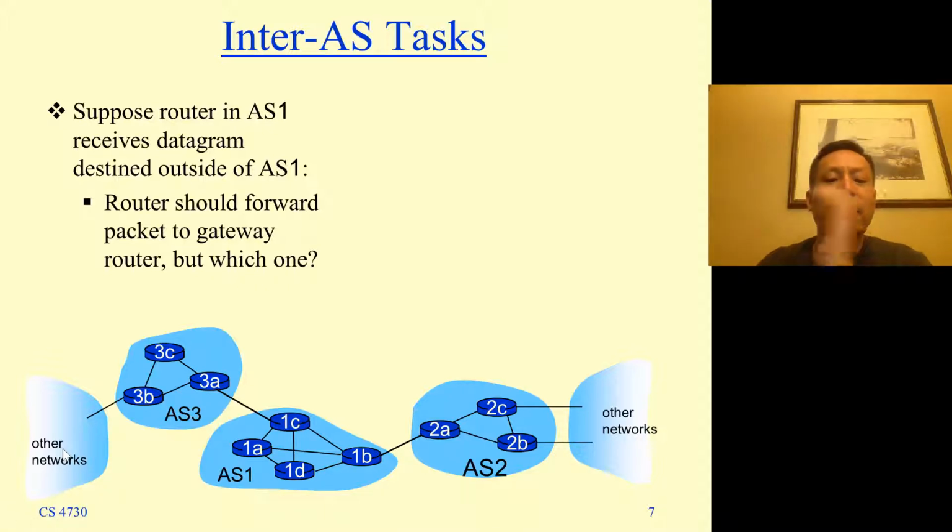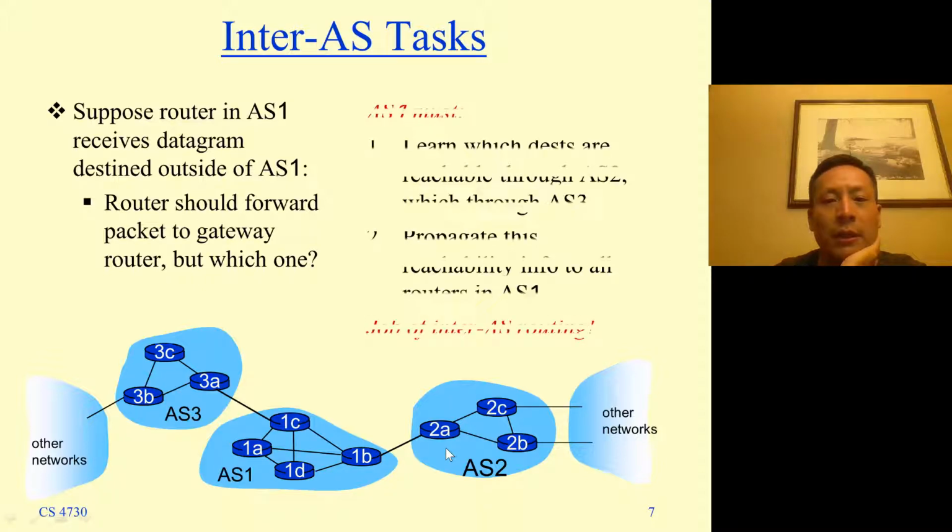Suppose AS1 receives datagrams with a destination address outside of AS1. You have to decide where to forward your packet to. Either you go to AS3 or you go to AS2, but which one?